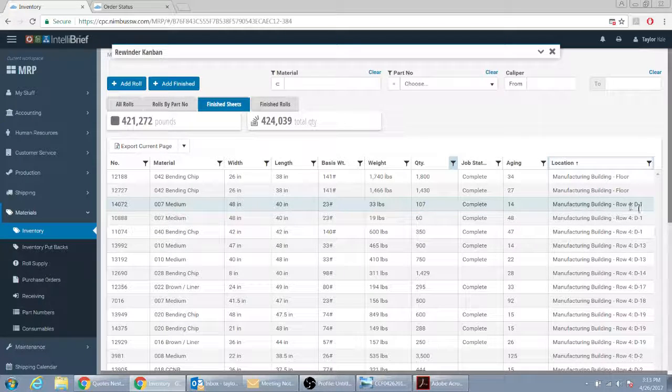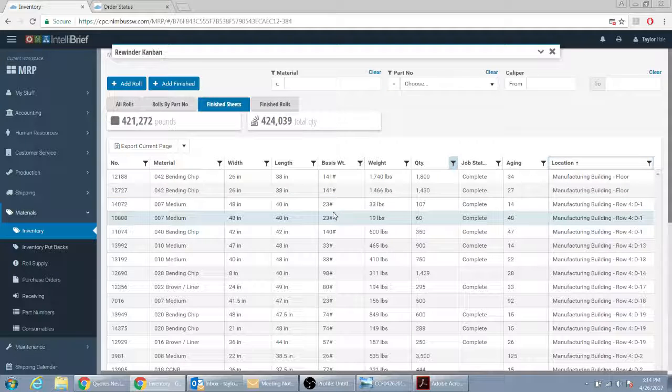This one happens to be row 4, but instead of having 3 locations, or 3 spots, it would just have one location, and here it would say how many pallets and how many pounds is in that rack. Then we could go from there, at least to give us a summary.